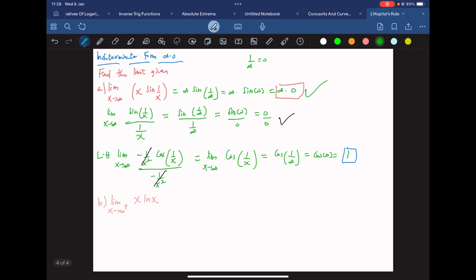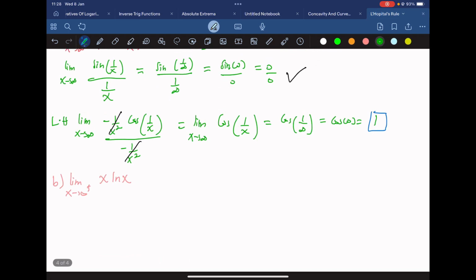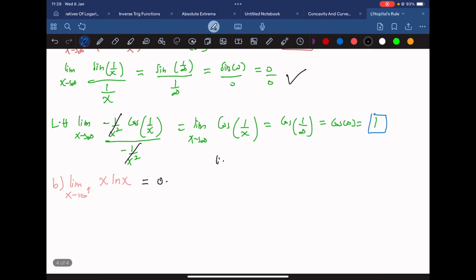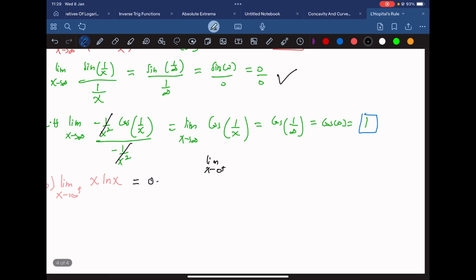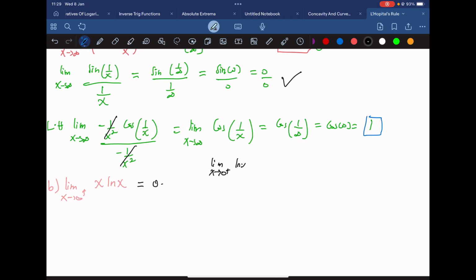So in this case, what we have to do, as we've always been doing, is substitution. If we put in 0 right here, now remember, as I said before, 0 from the right or from the left doesn't mean anything if we are not going to have any trouble. So all that we have to do is just put in 0 here. So if we do that, we have 0, and now the limit as x approaches 0 from the right of natural log of x is equal to negative infinity.